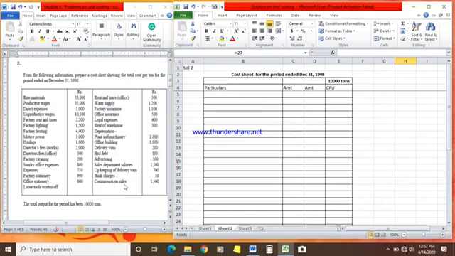So in this way you know where each of these items is going to be represented. You are also told the total output for the period was 10,000 tons. While preparing the cost sheet, we are not just showing the amounts, we will also show the cost per unit at each stage.